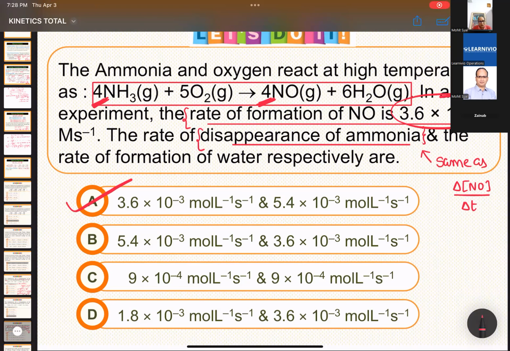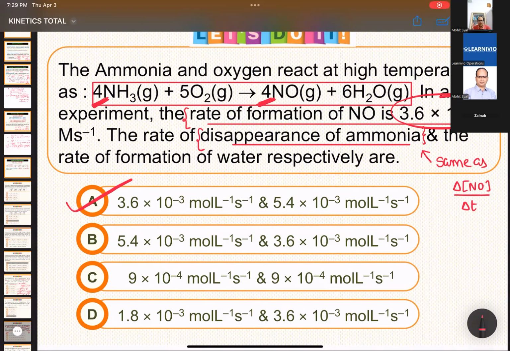I just told you how to check your answer quickly. But in board examination, you need to write each and everything in detail. Getting my point or not? Yes. So suppose if the coefficients are the same, the rate is going to be the same for both of them. And if I want to get the rate of the reaction, I need to divide that rate by its coefficient.